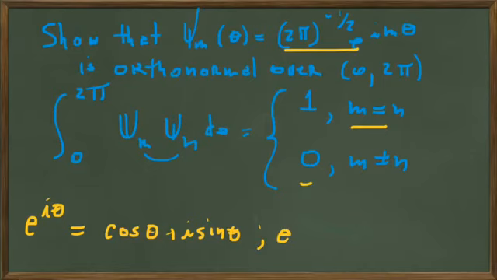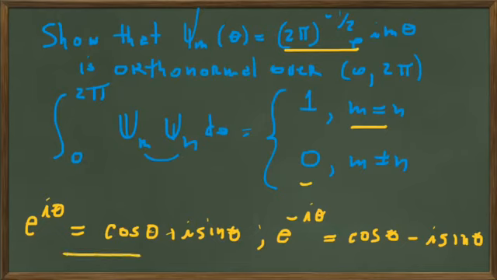Also, e to the minus i theta would be cosine of minus theta, which is cosine theta, plus i sine of minus theta. Sine of minus theta is minus sine theta. So e to the minus i theta is cosine theta minus i sine theta. So let's show where this formula comes from first before we pick up the orthogonality part of this.